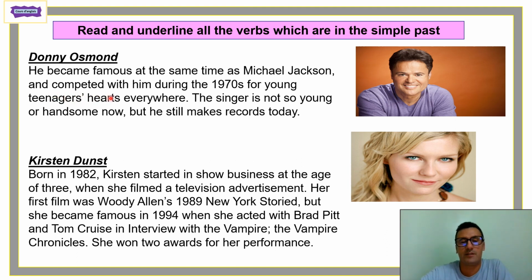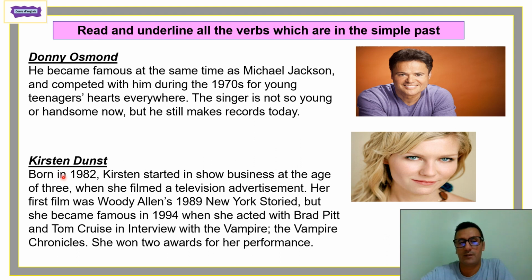Competed aussi, c'est simple past. Competed with him during the 1970s for young teenagers' hearts everywhere. The singer is not so young or handsome now, but he still makes records today. Donc, on a juste deux verbes.